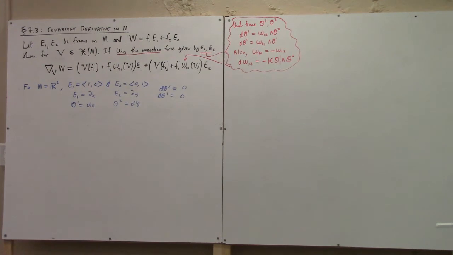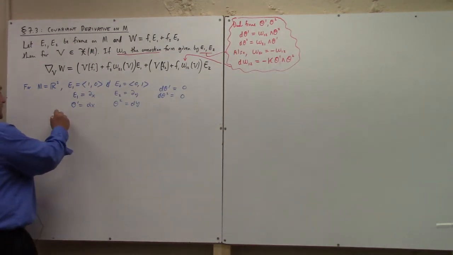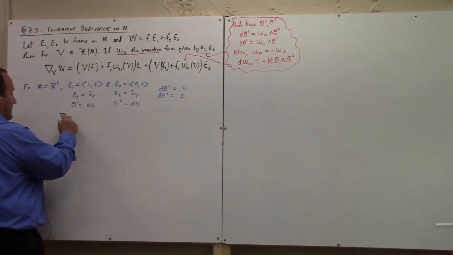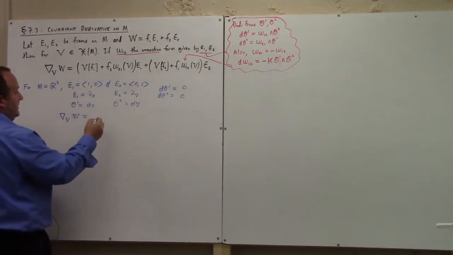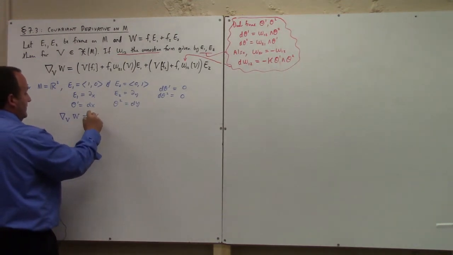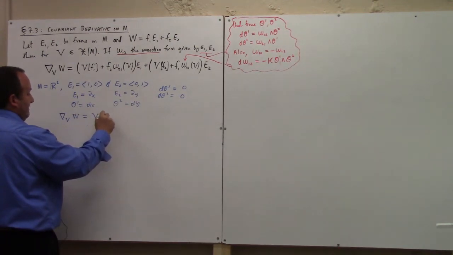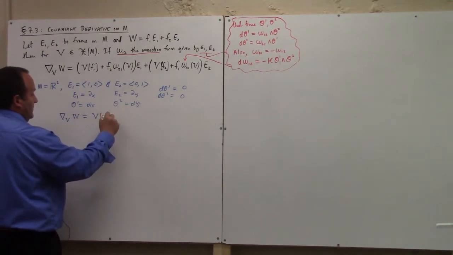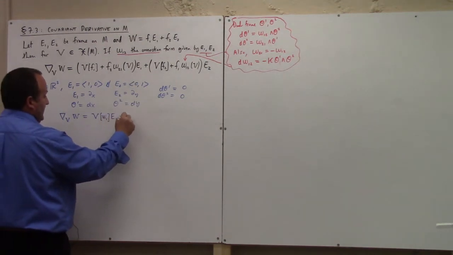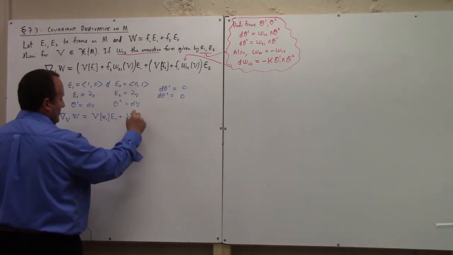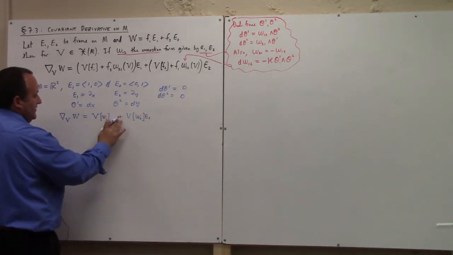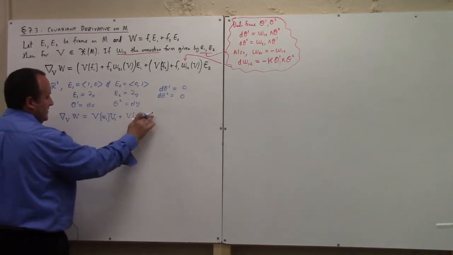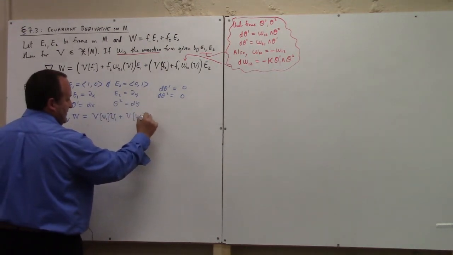And how does the covariant derivative look in the plane? The covariant derivative of a vector field in R2, according to this definition I have above, would just be V of W1 E1 plus V of W2 E2. But of course, we could notice that that's really just U1, and that's really U2, going back to the notation at the start of the course.